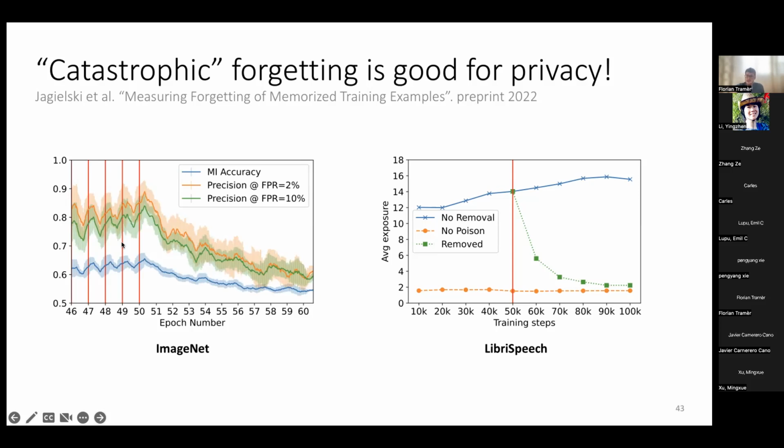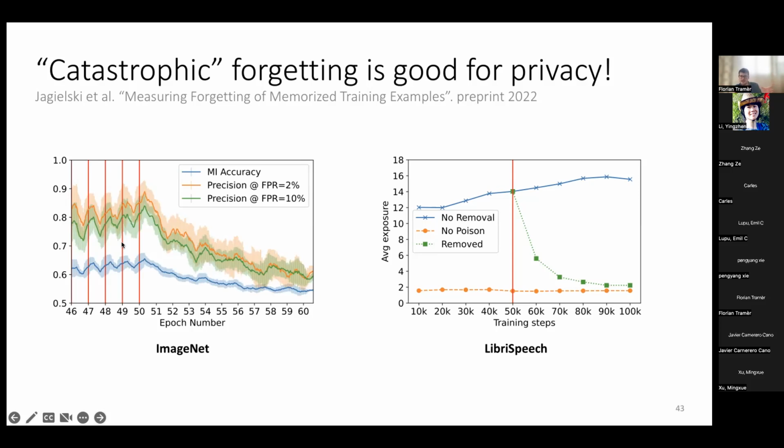One way you can also interpret these results is in the context of many modern machine learning models, especially very large language models, which are today trained for a single epoch. You collect hundreds of gigabytes or terabytes of data from the internet, and then run one training epoch across this huge data set.